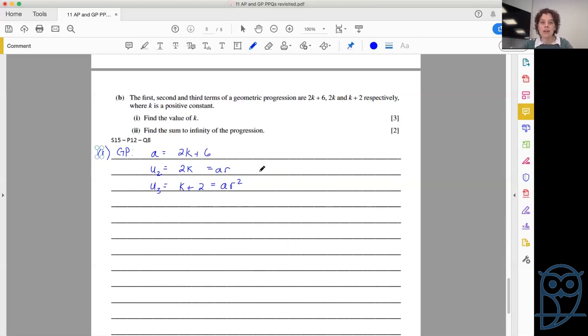Remember, it's a common ratio. It repeats. So if we say second term divided by the first term equals r, that's 2k over 2k plus 6. But we're also saying that r equals the third term divided by the second term.